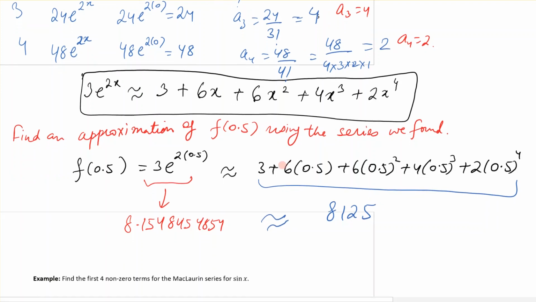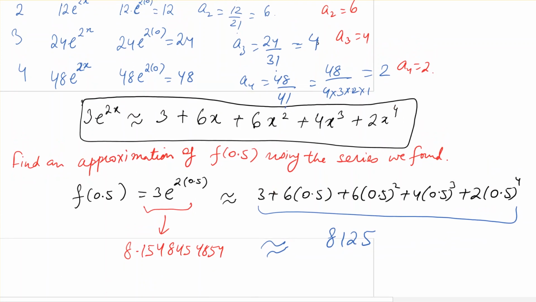All right, so now what if you want to find it for x equals 2.6? In that case, I can tell you it wouldn't give us a good approximation because the series is only around x equal to 0. As you go more and more away from 0, you won't get accurate values.